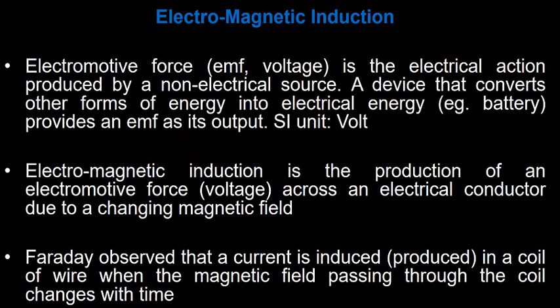For example, we could be moving an object, rotating an object, and that produces some sort of electrical current or electric behavior inside that object, and this behavior is produced because EMF gets produced or induced in the object, and this entire thing is called electromagnetic induction.